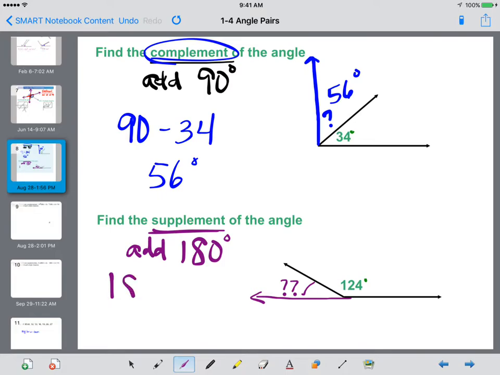Well, we would take 180, subtract 124, and that would give us 56 degrees. So the supplement would also be 56 degrees.